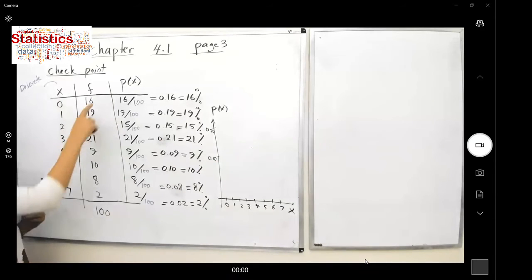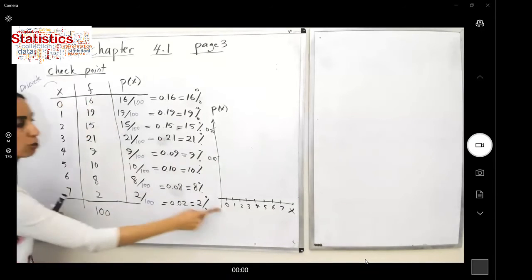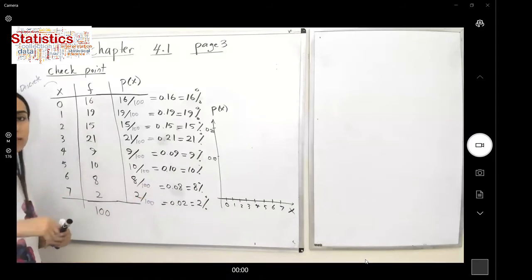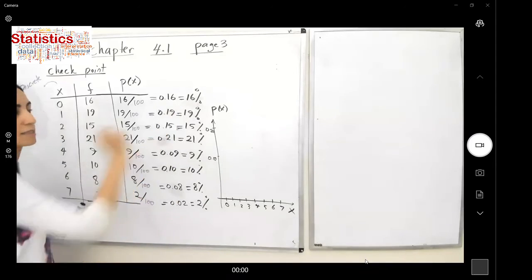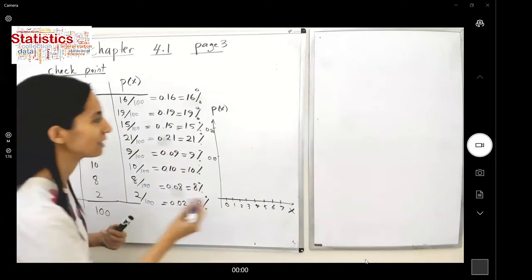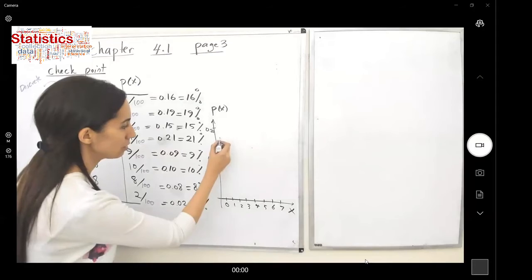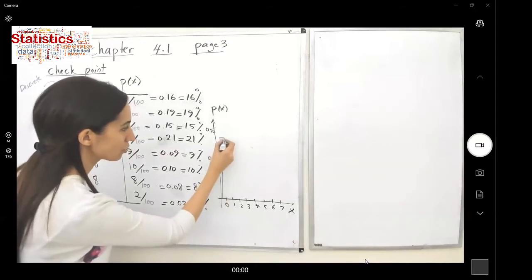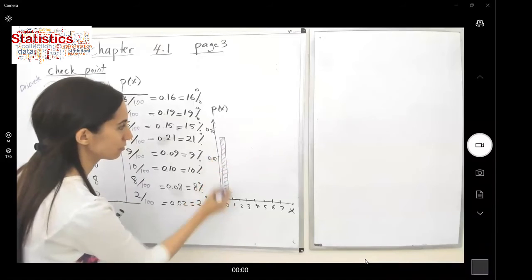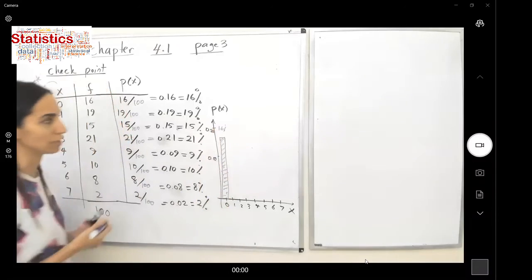So the first bar is for x equal to 0. The probability of no sale is 16%. So our bar is going to stop at 16%. So this is your very first bar. 16%.